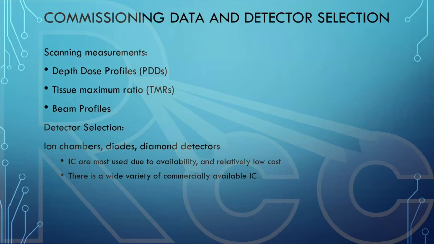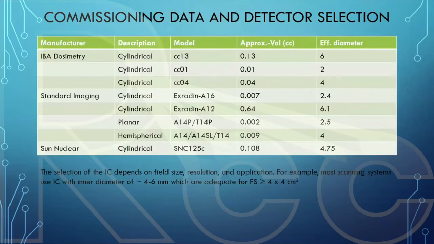There is a wide variety of commercially available ion chambers. This is not a complete list, but these are from the TG-120, and I included it here so you have an idea.